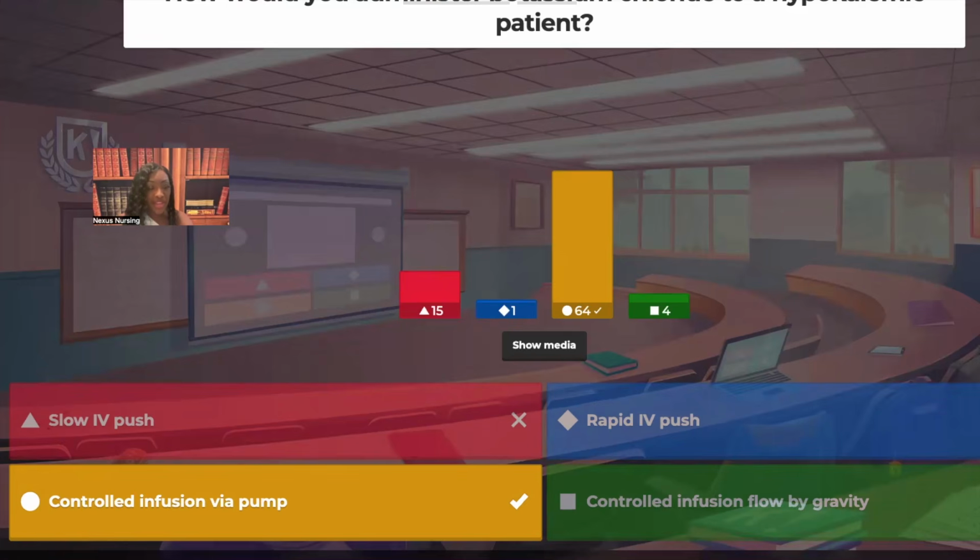Very good. Controlled infusion via pump. That's the only way you can do that. Okay. Controlled via infusion pump. It has to be given on a pump.